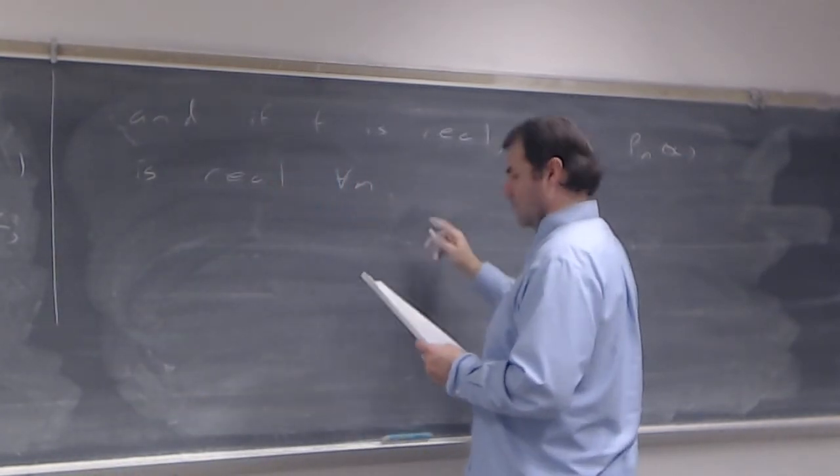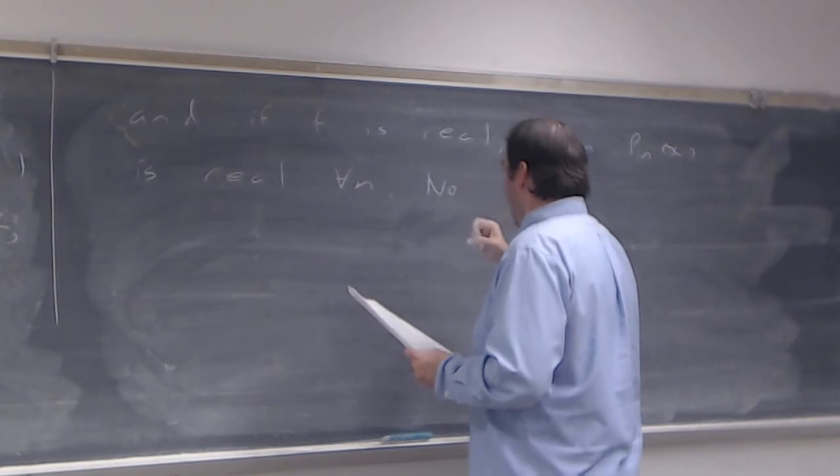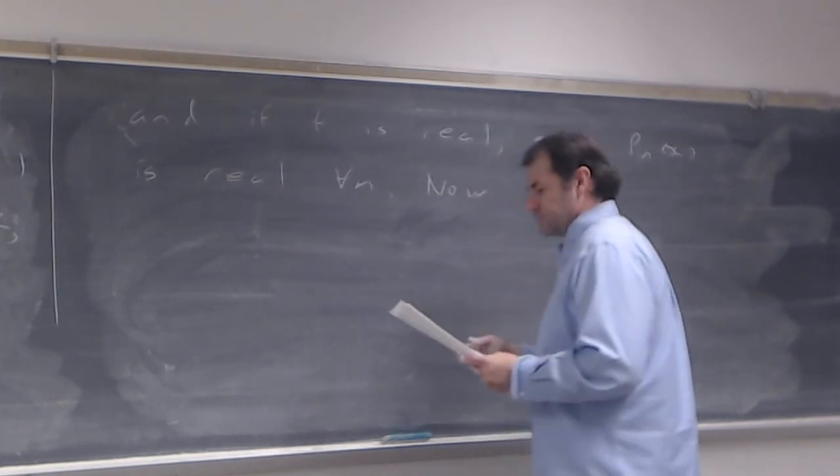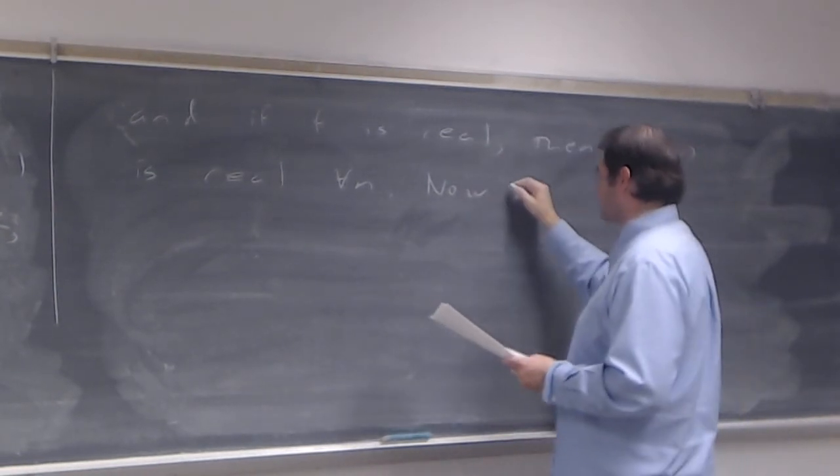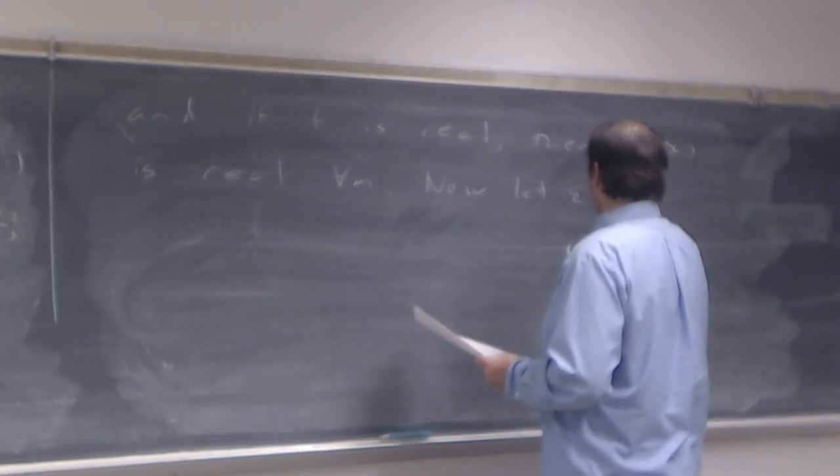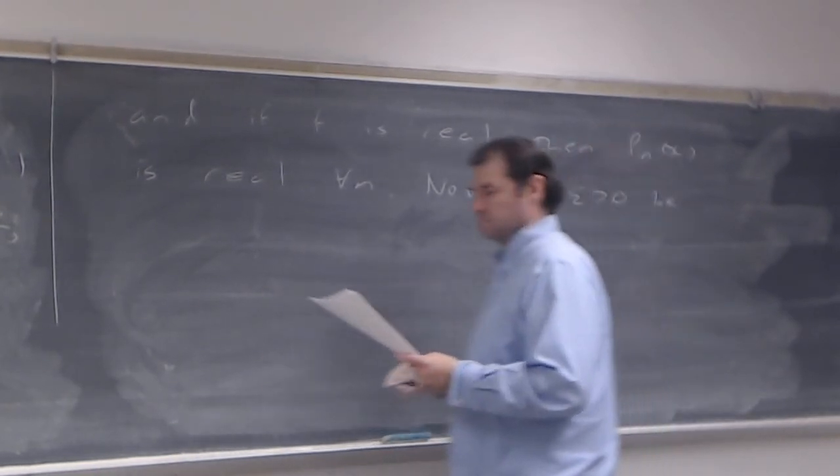Okay. Now, we want to work on the convergence. The uniform convergence. We let epsilon be greater than 0 be given.